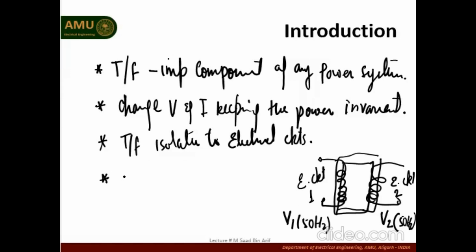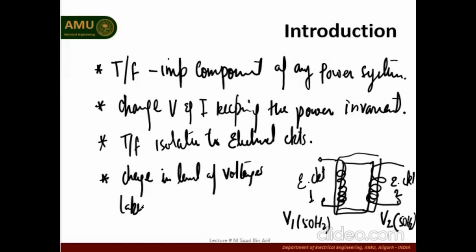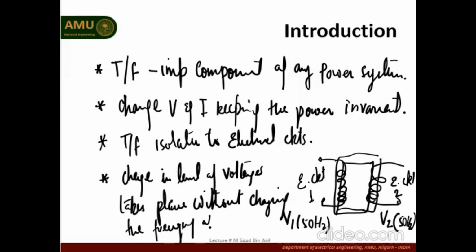So you can say that in a transformer, change in level of voltages takes place without changing the frequency of the voltage. That is, the frequency remains constant. Whatever the frequency we have at the primary, you will obtain the same frequency at the secondary as well.